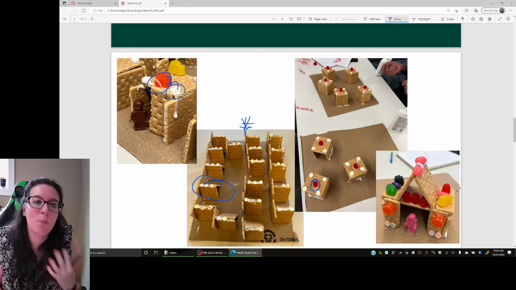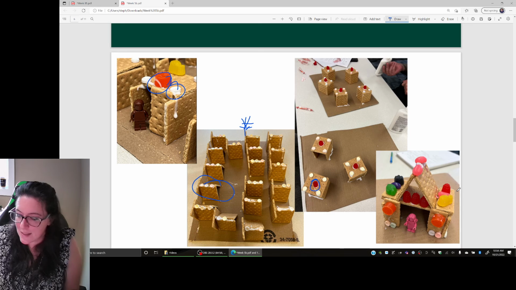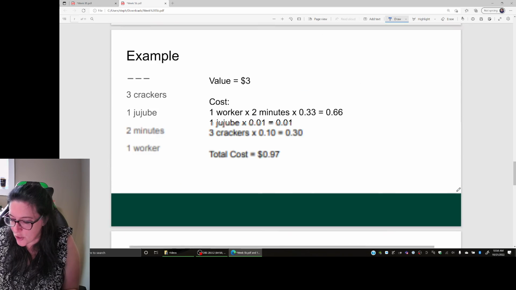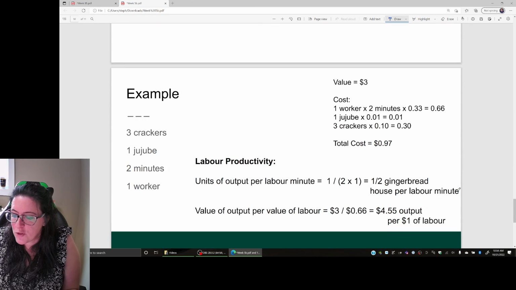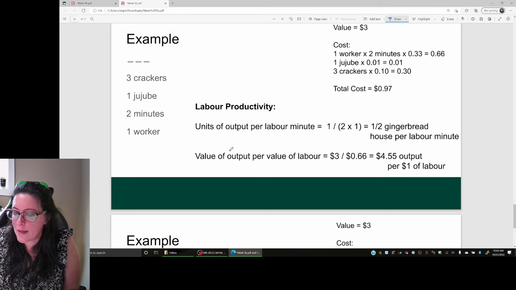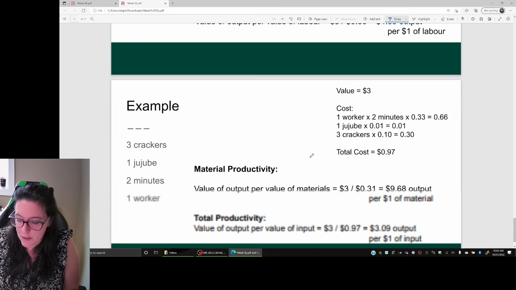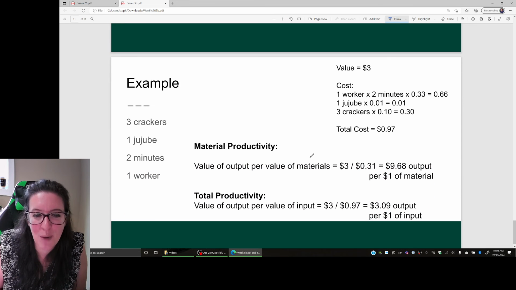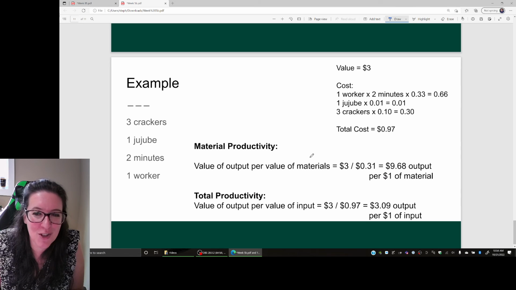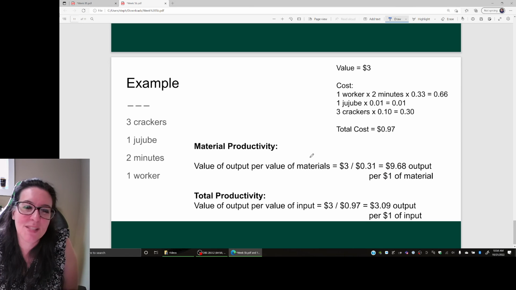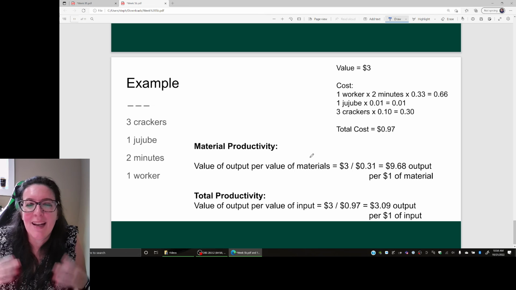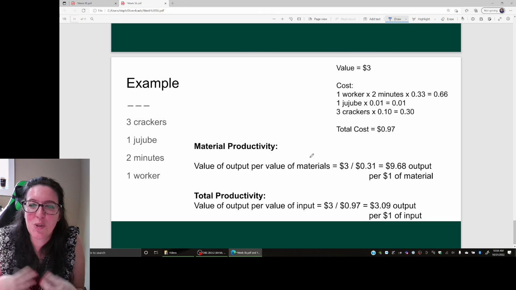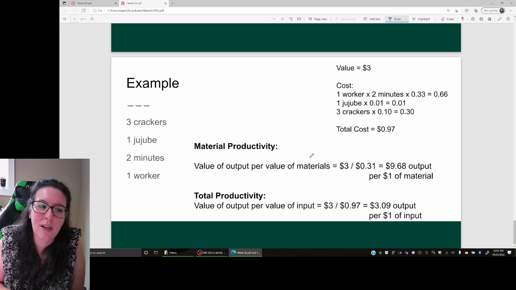So in the decisions you make when you produce, when we look at these productivity measures, how much value am I creating? What is the value of the output? What is the value of the input? Later on, we'll talk about quality, and of course, we'll talk about pricing structures. In all of those cases, can you sell it for a higher price? Do people prefer the higher quality? Those types of decisions come to the manager.